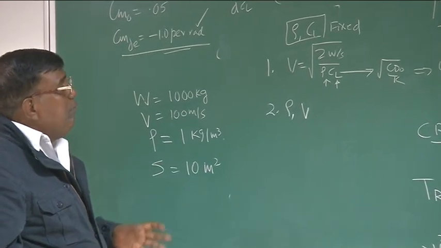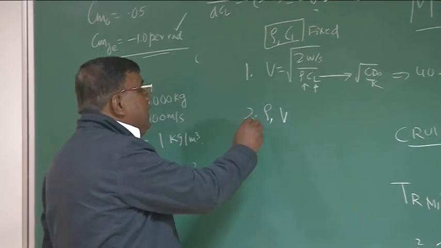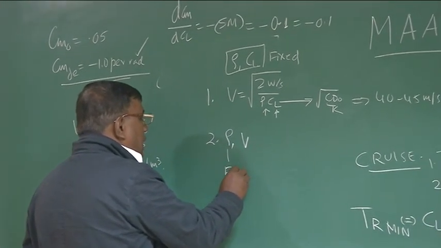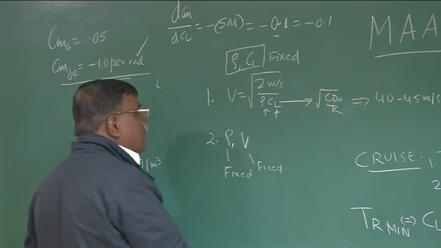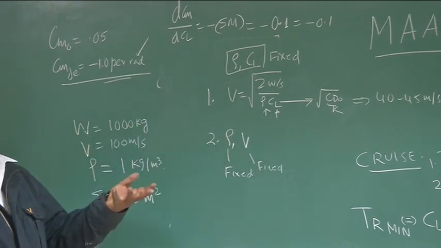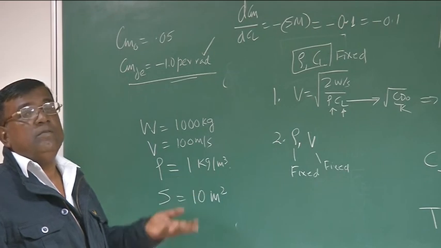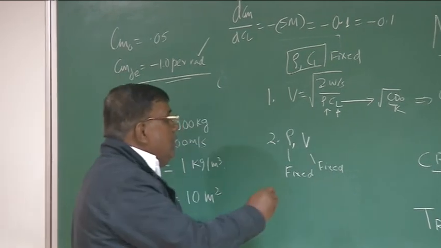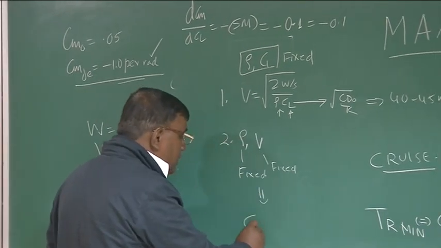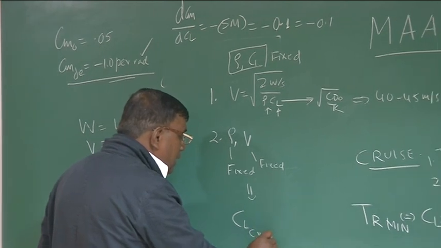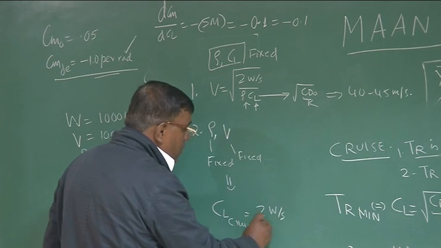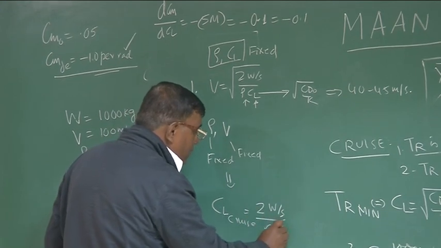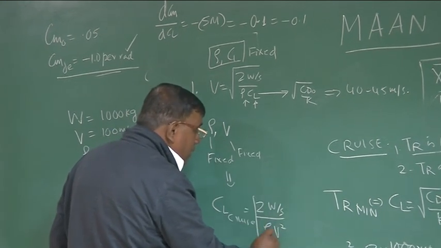But for the second example, if I say I keep rho fixed and V fixed, clear? I want to cruise at 100 meter per second at altitude where density is 1 kg per meter cube. So, this also will give me CL cruise required as 2 W by S by rho V square, right?